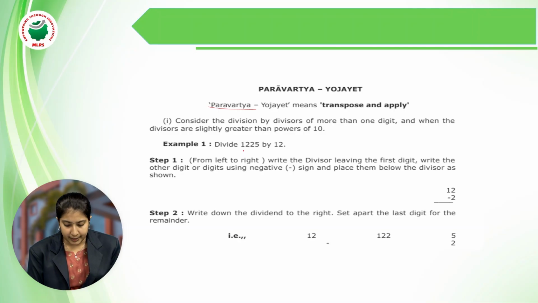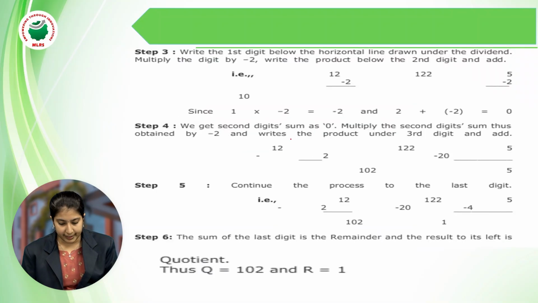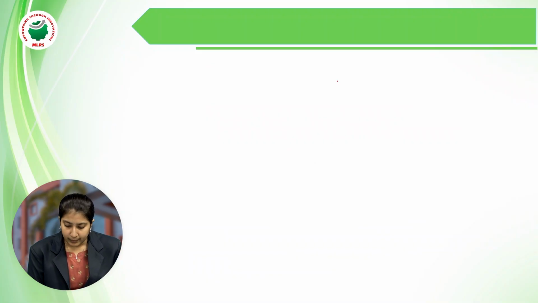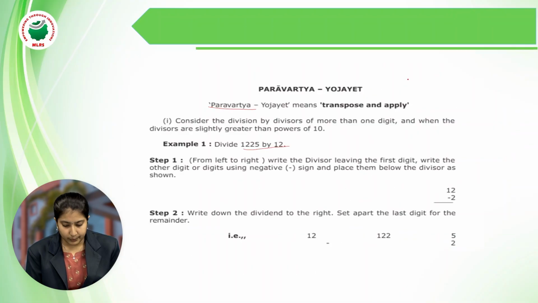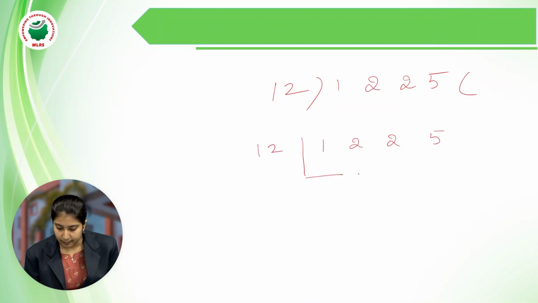Assume I have to divide 1225 by 12. So I have to do it in this way. Let us first write the numbers, and I will take it in a method similar to the synthetic division method.